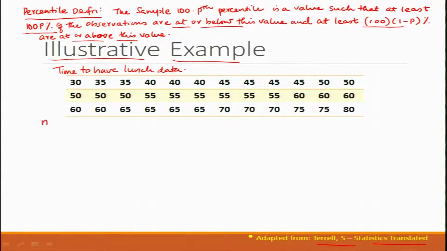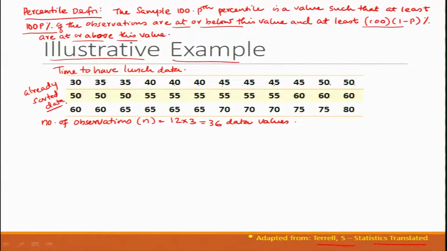First is the number of observations, n, which is 12 times 3. There are 12 columns and 3 rows, so 36 data values. And this is already sorted data. So, the first step is already given to you.